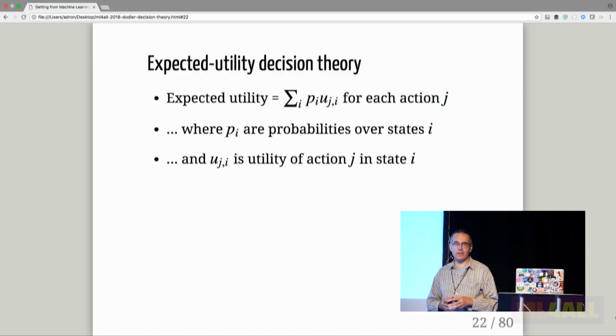So the formal statement of this is that the expected utility is just the weighted sum of the utilities for each action in each state of the world.